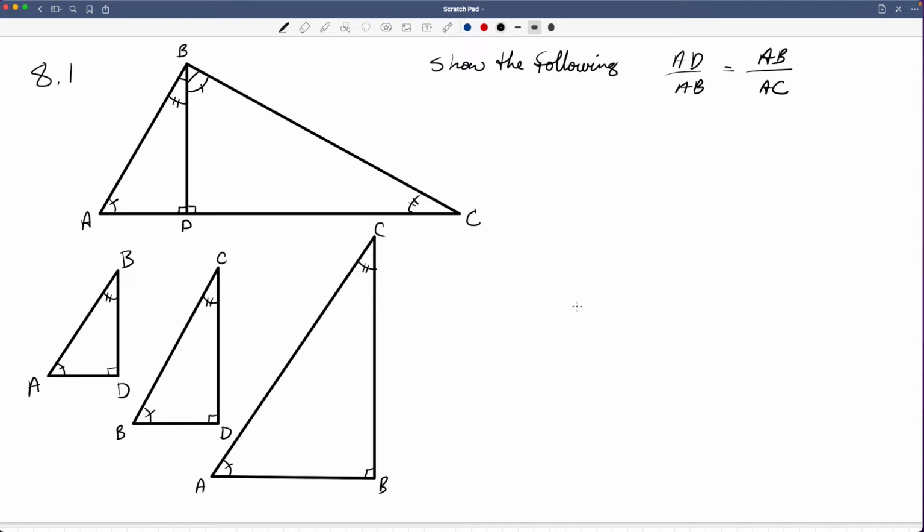For the BD base, it's BC, and by using the transitive property, if this one is proportional to this one, and this one is proportional to this one, then both of these are proportional to each other. So I can say that AD over AB is proportional to the other. That's the logic from lesson 7 to pull this type of proportion statement from a figure like that.